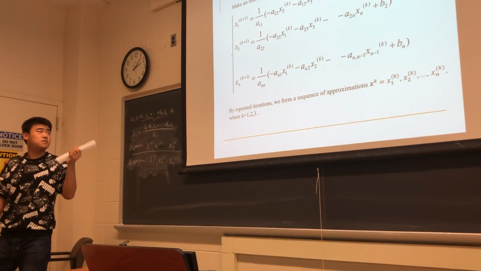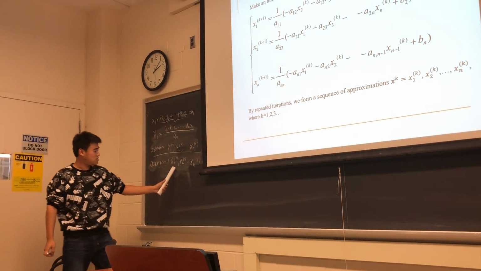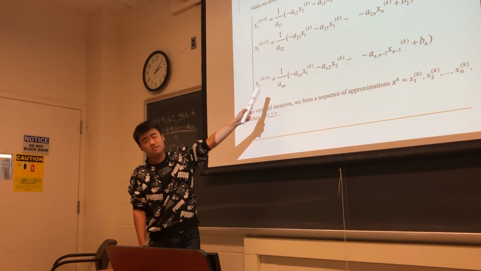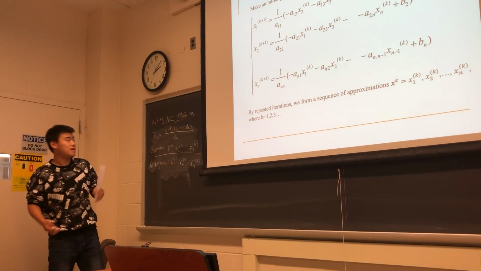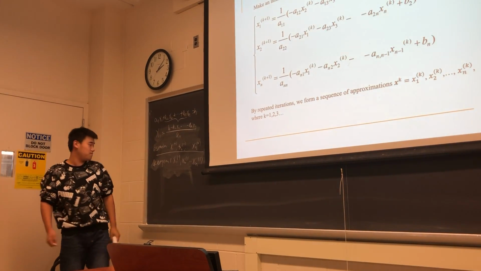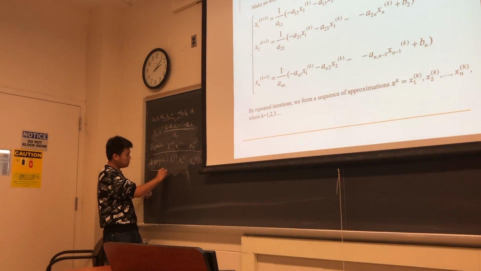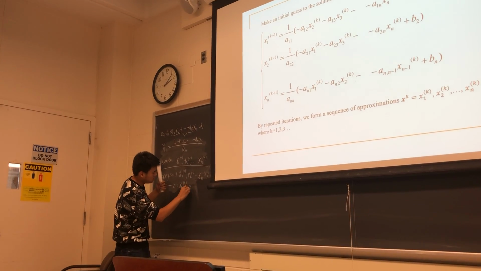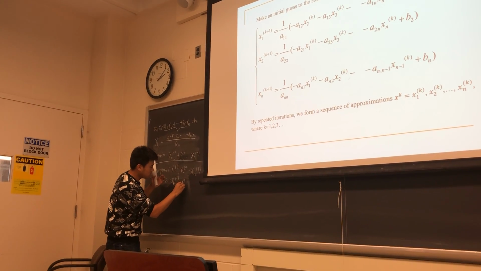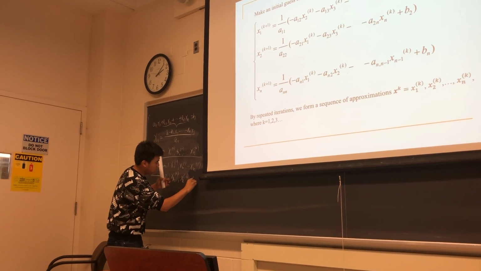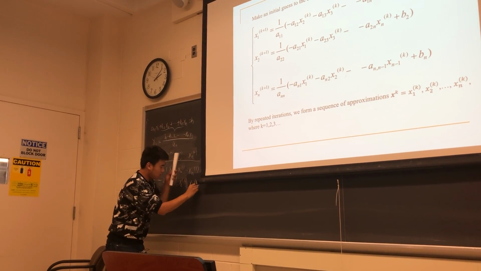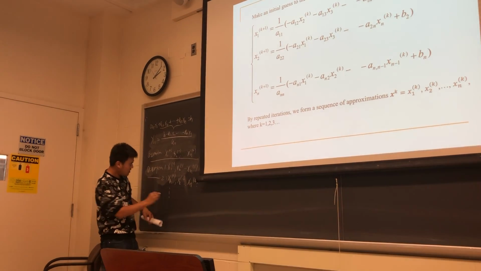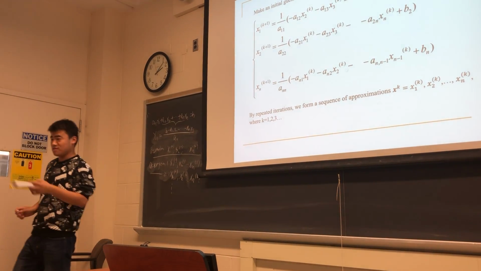Then I repeat the iteration, that is, I substitute these values into the right side of this system, and I get the second assumption of the solution, assumption 2: x1(2), x2(2), up to xn(2). Repeating this iteration, I can get a set of assumptions of the solutions.